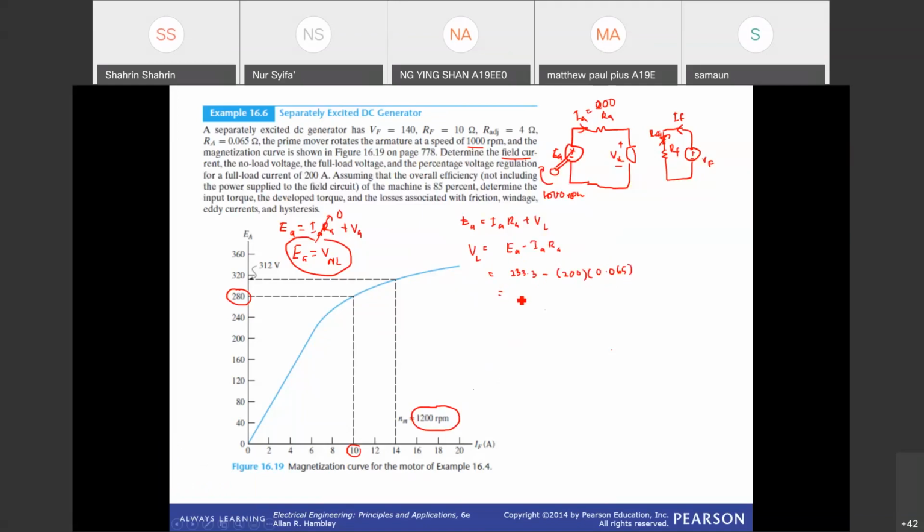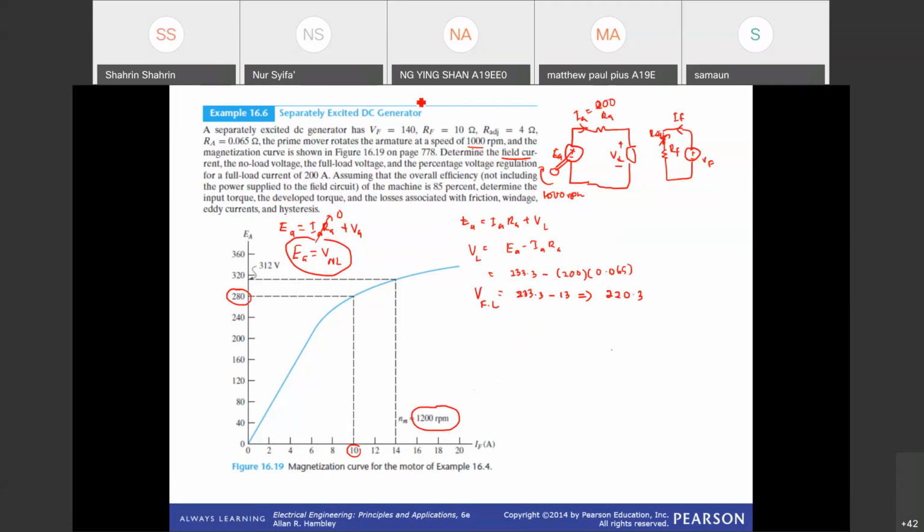So this one will give you 233.3 minus 13 volt, which is 220.3 volt. So this is your V during full load.